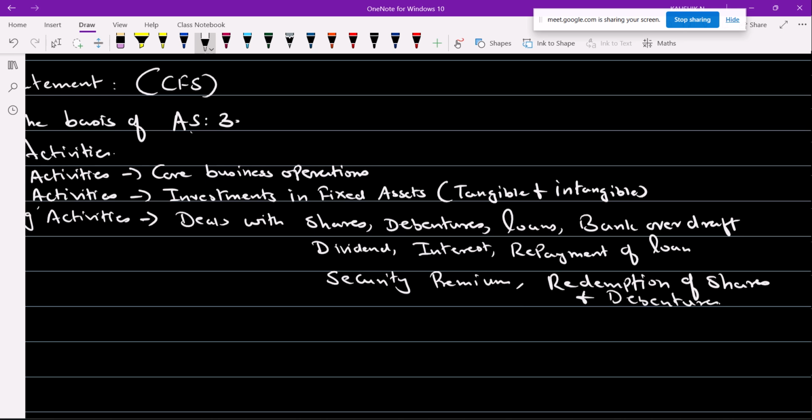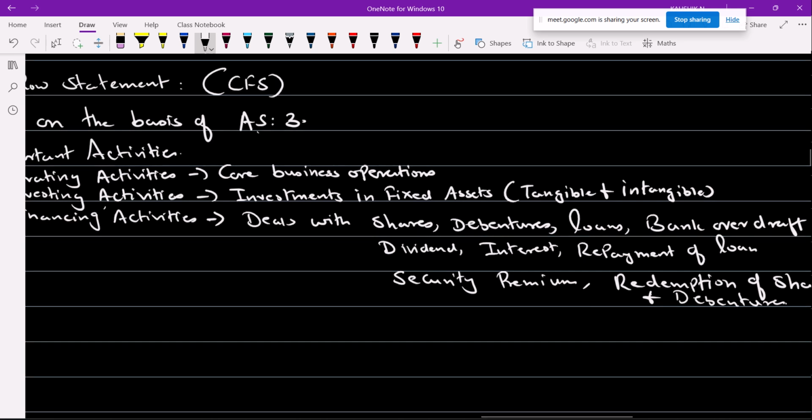These are the criteria that come under the financing activity.